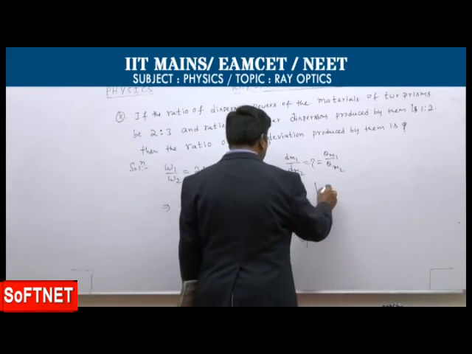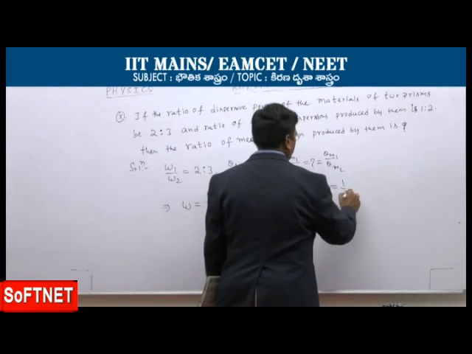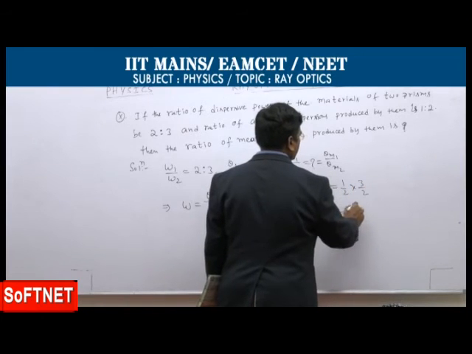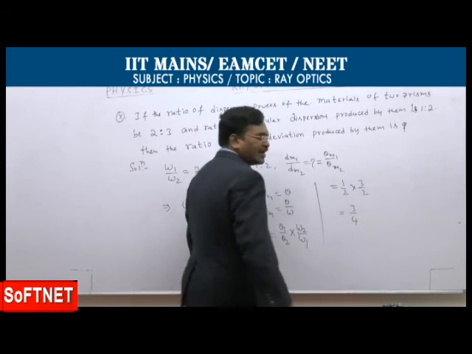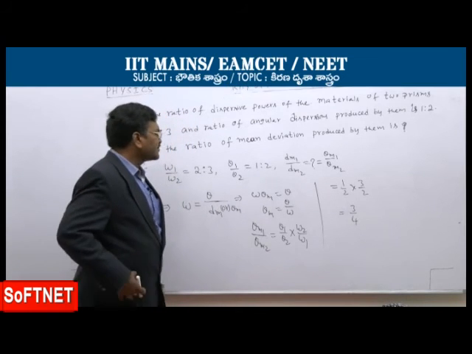Theta 1 by theta 2 is 1 by 2, and omega 2 by omega 1 is 3 by 2. So the answer is 3 by 4. The ratio of mean deviations is 3 by 4. Is it clear?